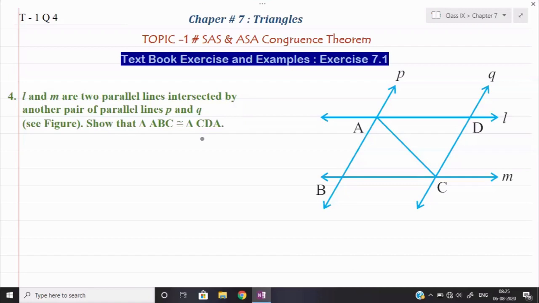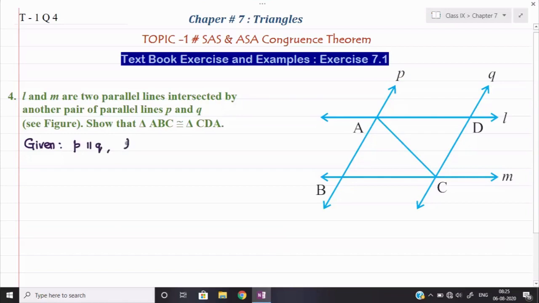First we will write down what is given in this question. We are given that P is parallel to Q, that is one given.